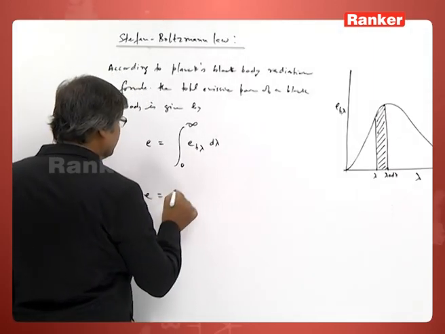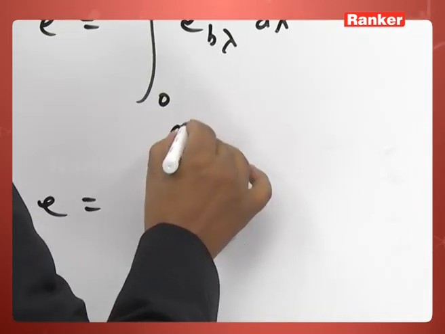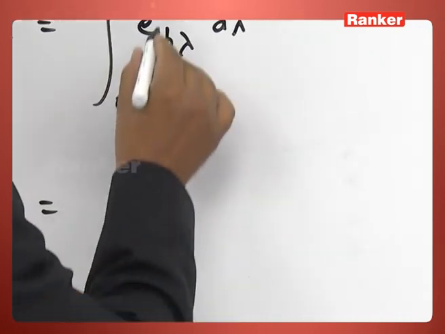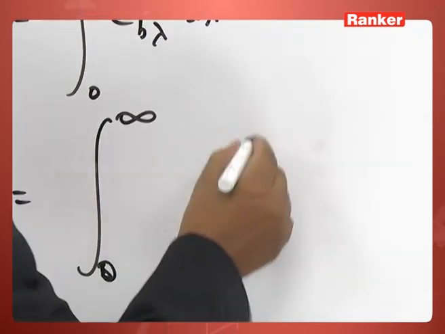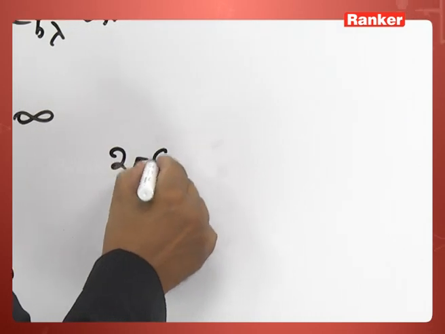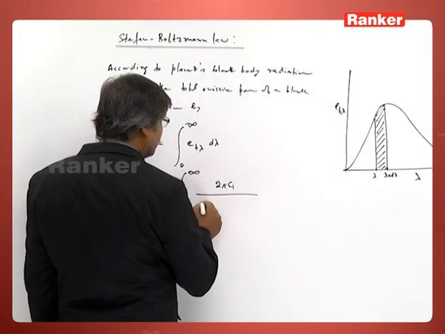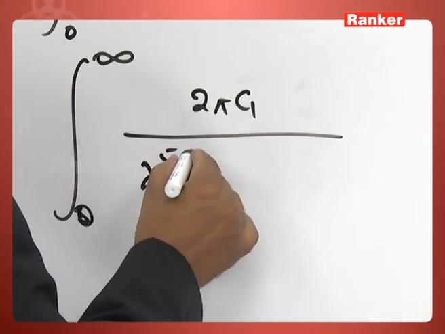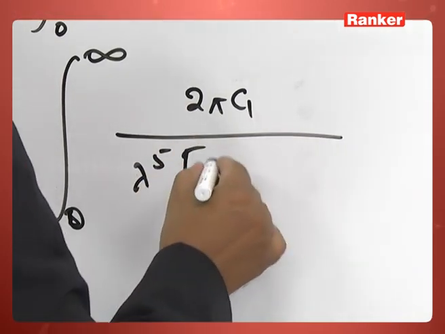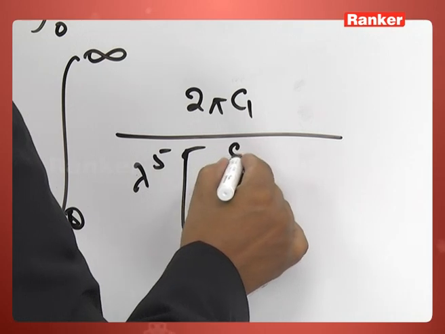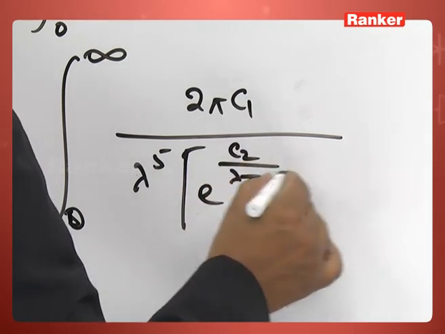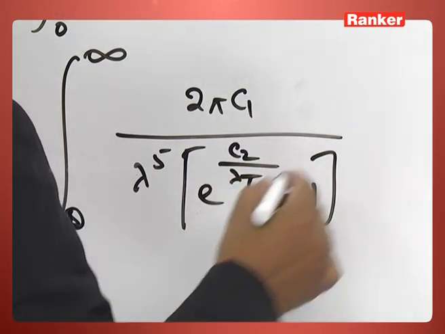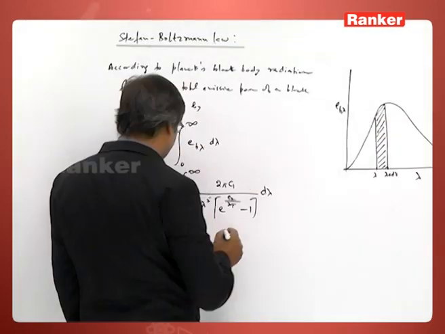So, this E will be the integral from 0 to infinity, where E b lambda is equal to 2 pi C1 (the constants, let them be as they are) over lambda to the power 5 into exponential e to the power C2 by lambda T minus 1, that is d lambda.